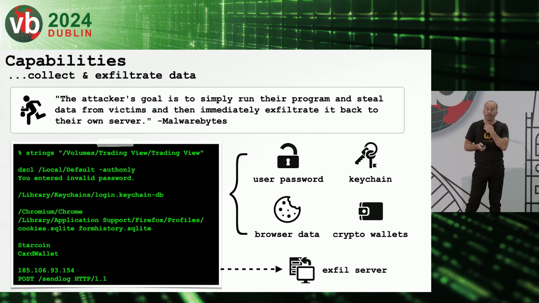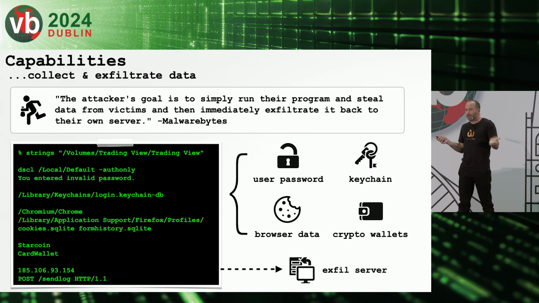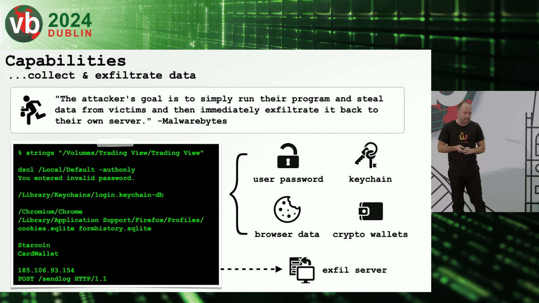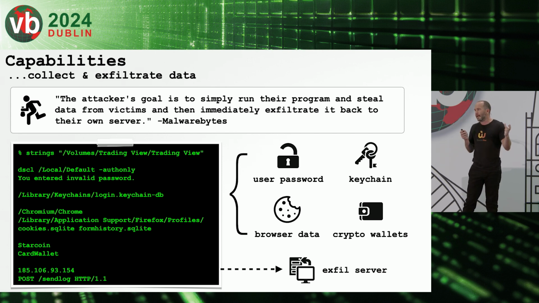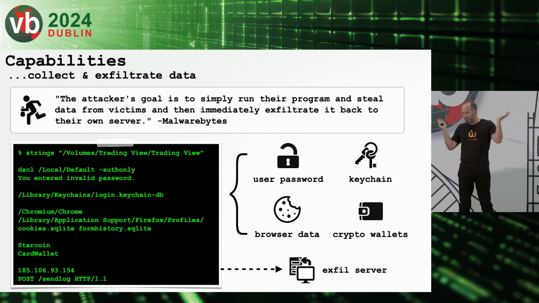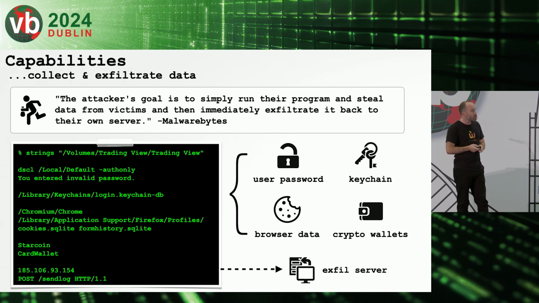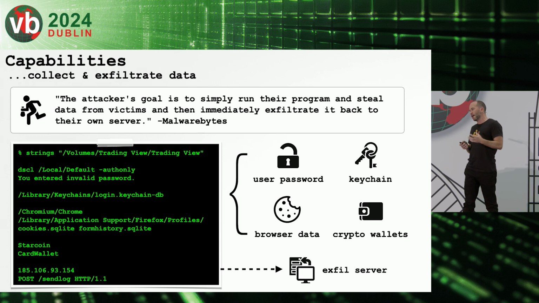Okay, let's talk about capabilities. As I mentioned, the goal of stealers is just to steal stuff, right? This is not rocket science. So basically what they do is they gather as much information as they can, and then exfiltrate that, and they are done. If we look at the embedded strings of Atomic Stealer, we can get a really good sense of what it does.